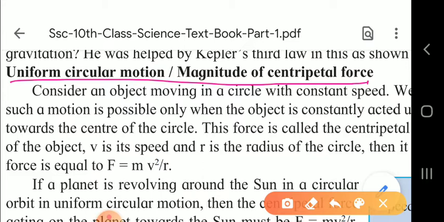So here we will see such motion is possible only when the object is constantly acted upon by a force which is directed toward the center of the circle, and this force is called the centripetal force. So this you have to underline here, children.